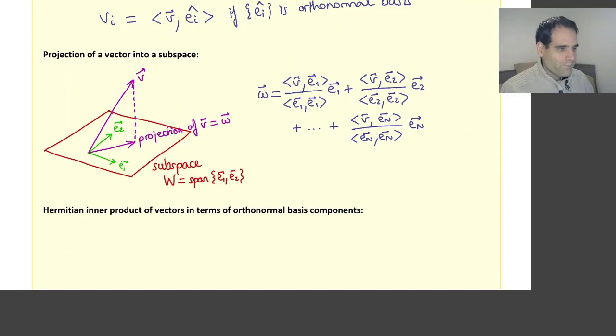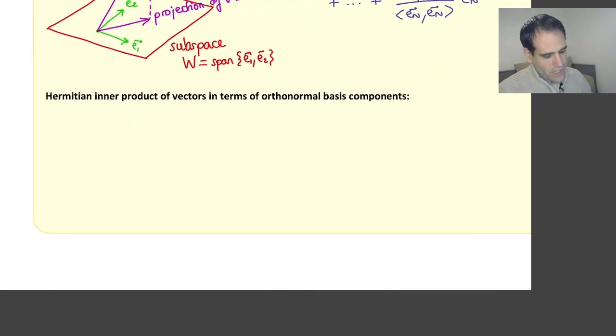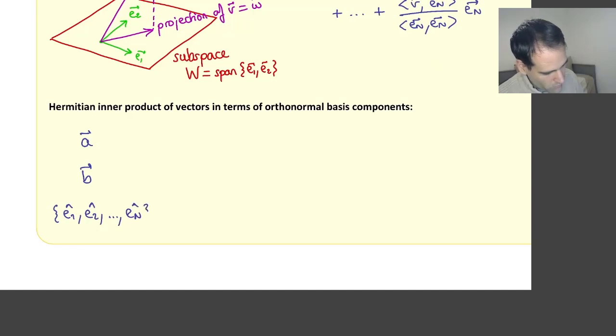And finally, we can see how to calculate the Hermitian inner product of vectors which are written in an orthonormal basis. Okay, so let's clarify what I mean. So let's say we have two vectors, a and b. And then we have a basis that is orthonormal, so we use hats: e1, e2, up to en, orthonormal.